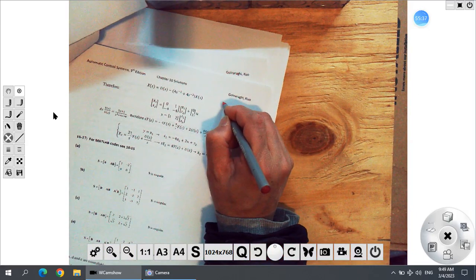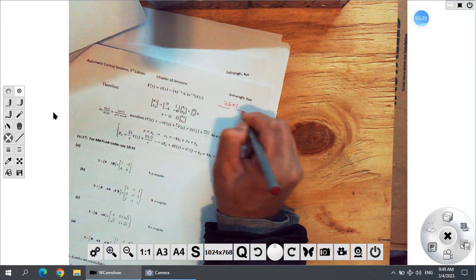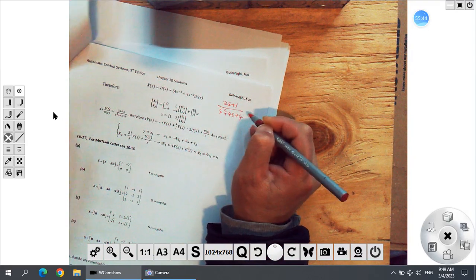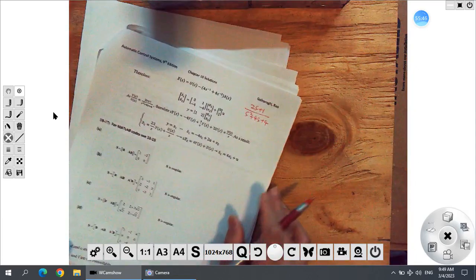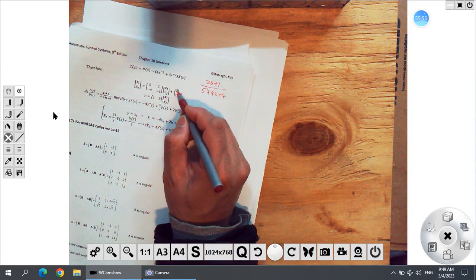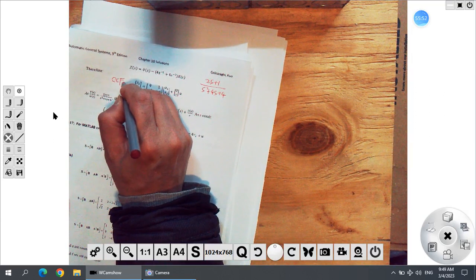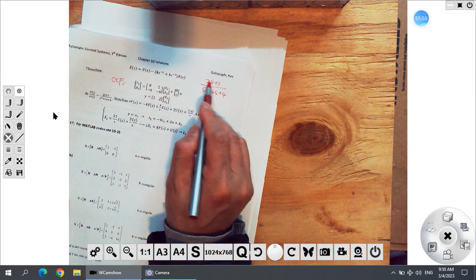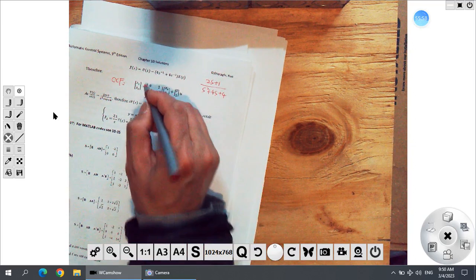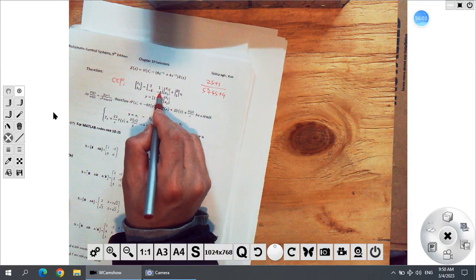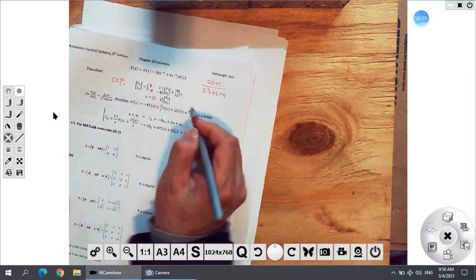The transfer function is 2s plus 1 over s squared plus 4s plus 4, right? It is this one. And then this is the CCF. Here's 0 1, and here's 1 and 2, no problem. And here will be 0 and 1, okay. Then 4 and 4, change sign, -4, -4. Okay, so this is good.